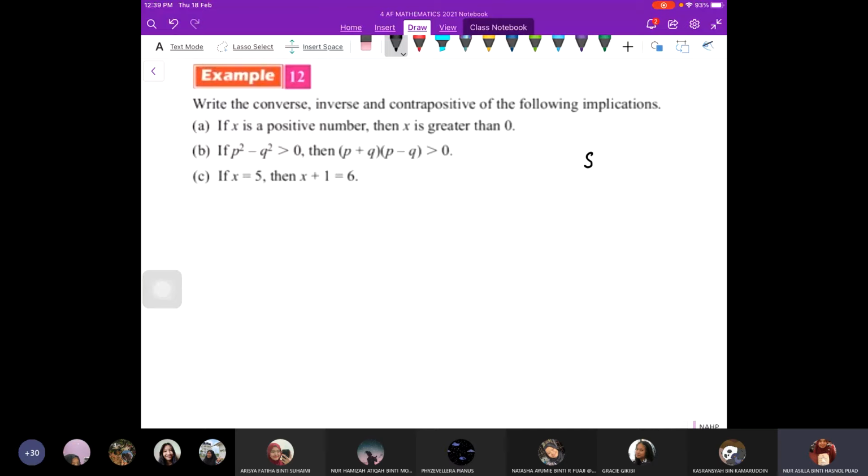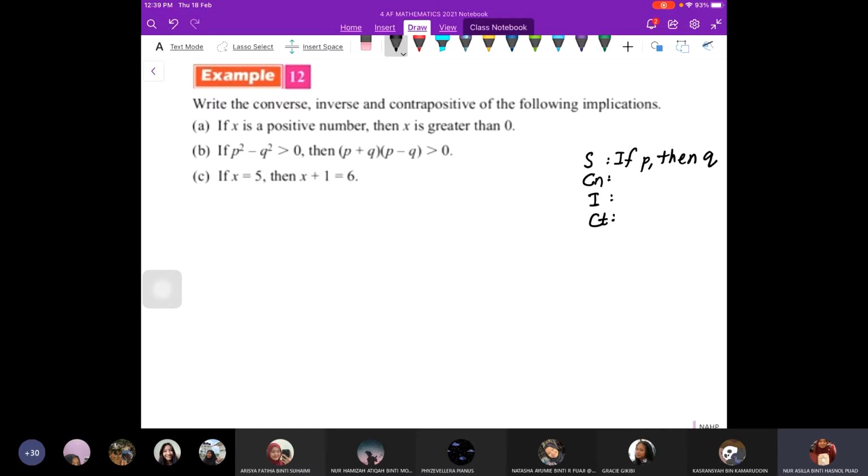So statement kita ada converse, and then kita ada inverse, and then kita ada contrapositive. Macam tu. So if P, then Q.